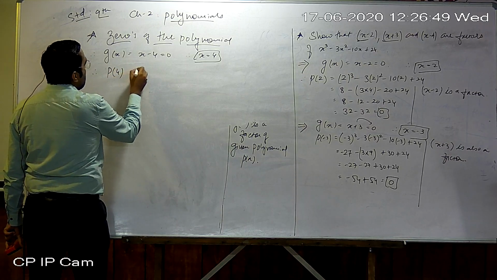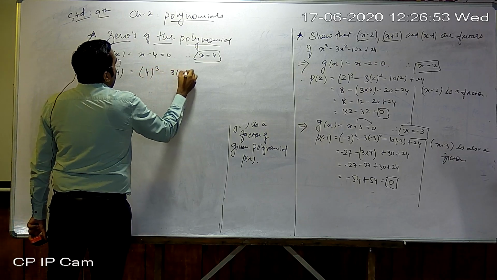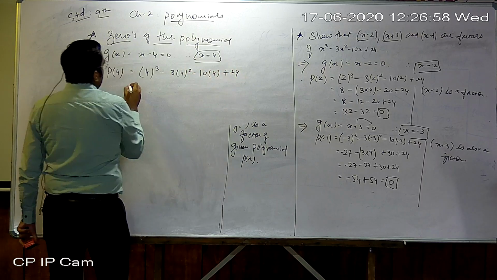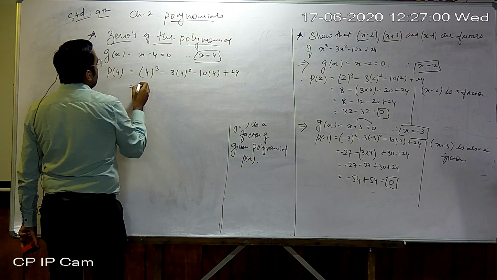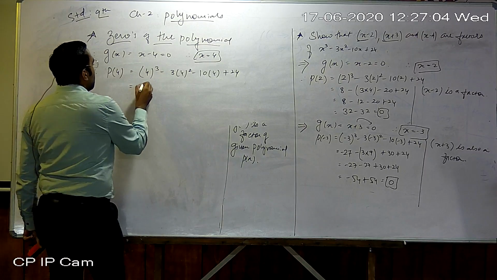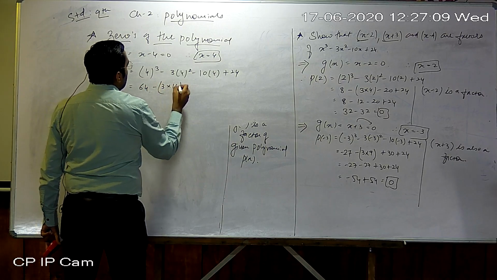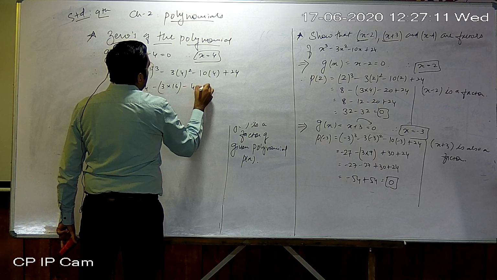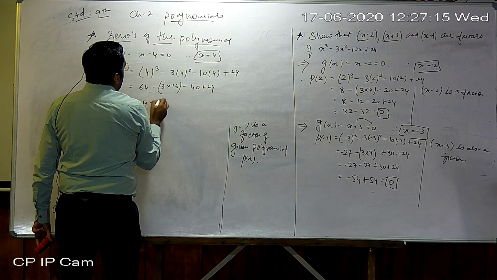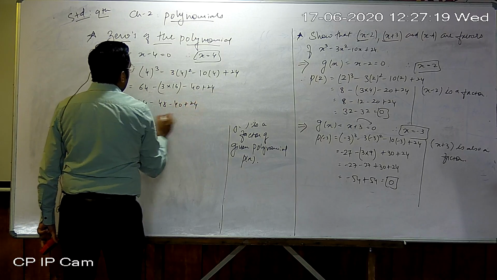That is 4 cube minus 3 into 4 square minus 10 into 4 plus 24. 4 cube is 4 fours are 16, 16 fours are 64. Minus 3 into 4 square, 16, that is 48, minus 40 plus 24. Therefore 64 minus 48 minus 40 plus 24.